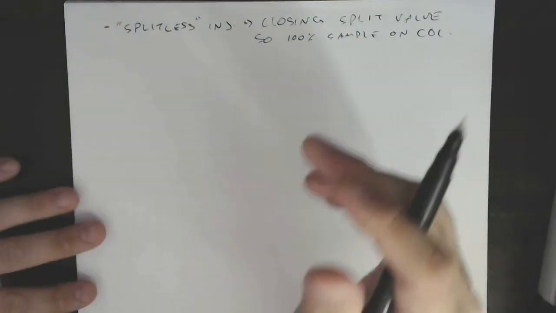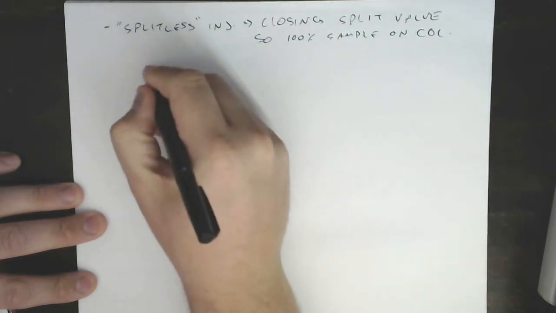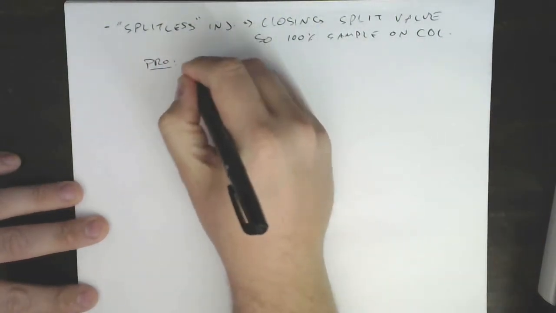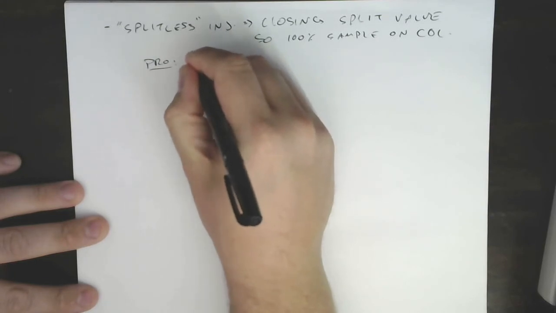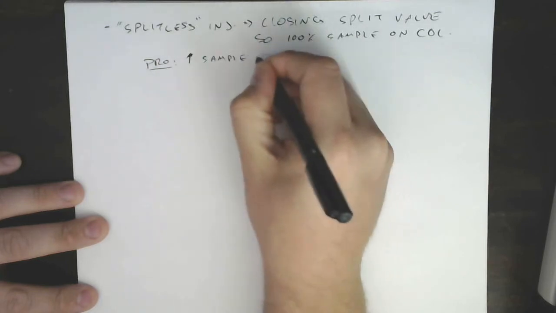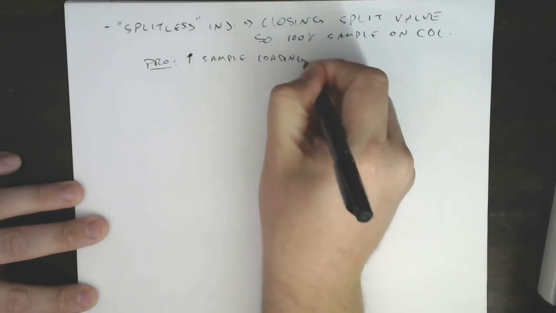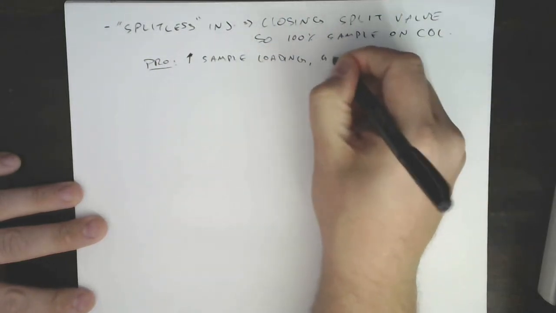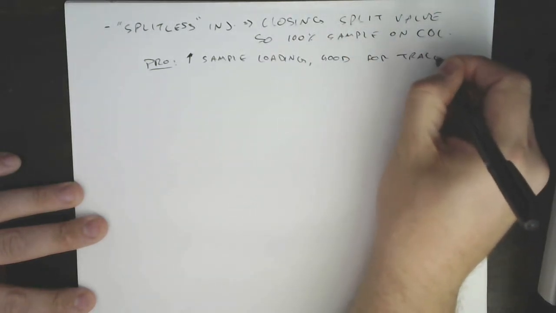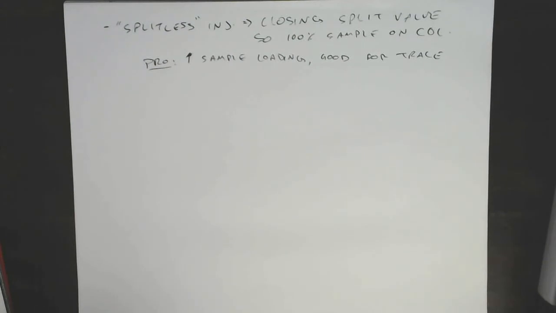So we can just kind of deduce from what we already said that the major benefit here, the big pro, is that you dramatically increase your sample loading. Which is good for trace analysis. Right, for looking at things that are at very low concentration.